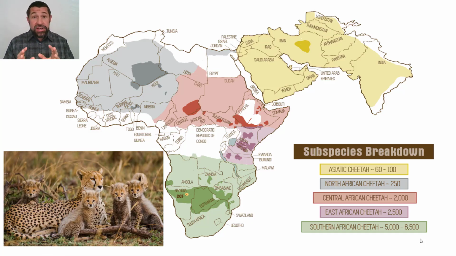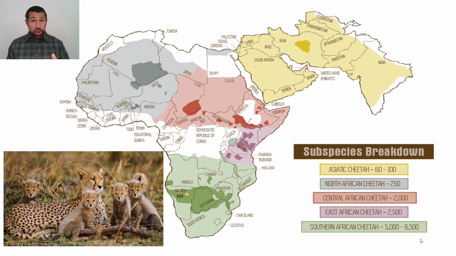Cheetahs are the textbook example of the bottleneck effect. So at the end of the last ice age, at the end of the Pleistocene, about 10,000 years ago, cheetahs almost go extinct. So the entire global population of cheetahs probably gets down to less than 100 cats.